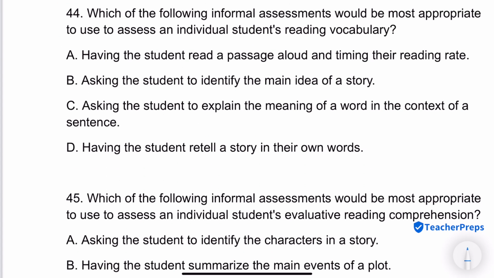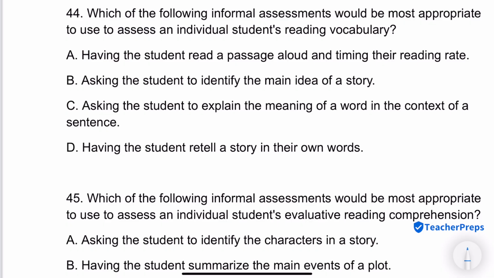This asks, which of the following informal assessments would be most appropriate to use to assess an individual student's reading vocabulary? All right, so now as you can tell, we've transitioned into the assessments section of this practice test.